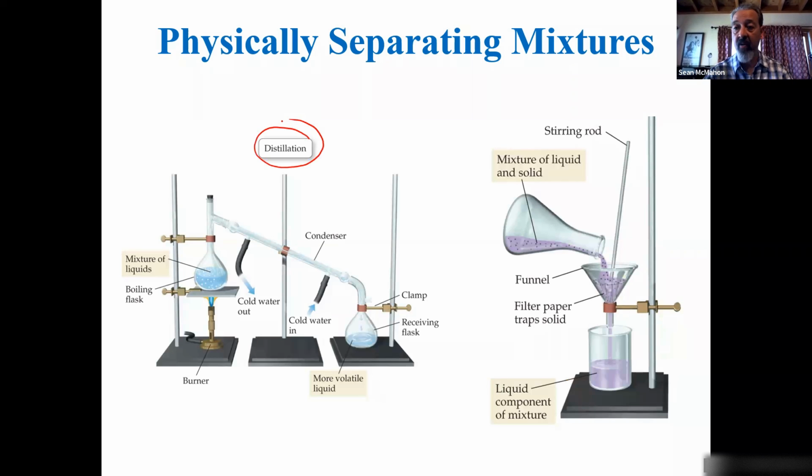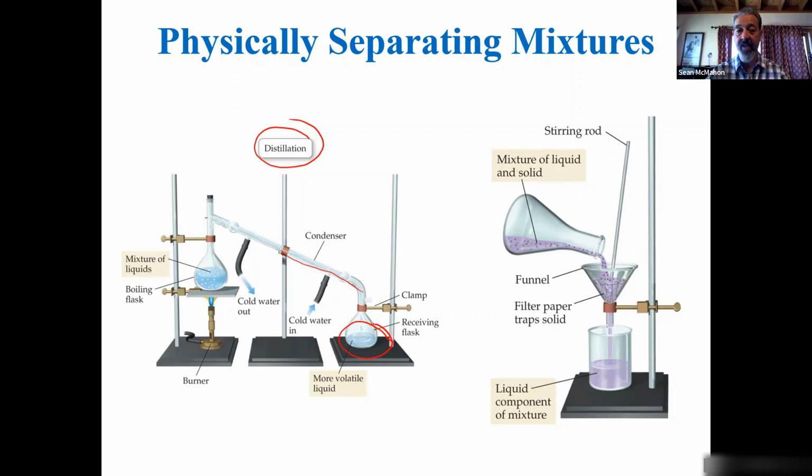So let's say I had a water and alcohol mixture. I can take advantage that the water actually has a higher boiling point than the alcohol, the ethanol, and I can boil off the ethanol first and then condense it and catch it based on its boiling point differences. So we're using differences in the pure substances' physical properties to separate them.